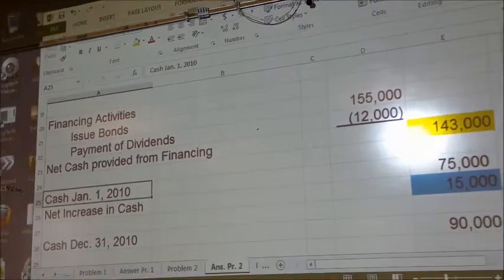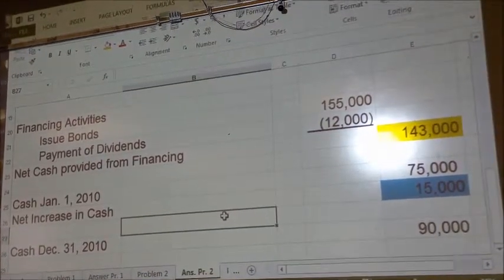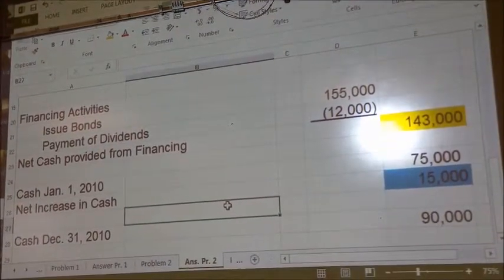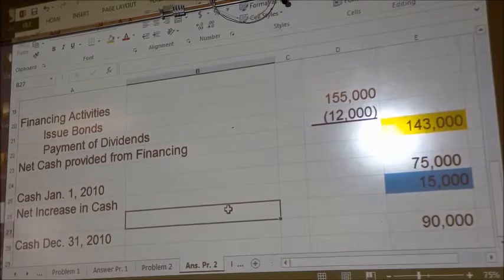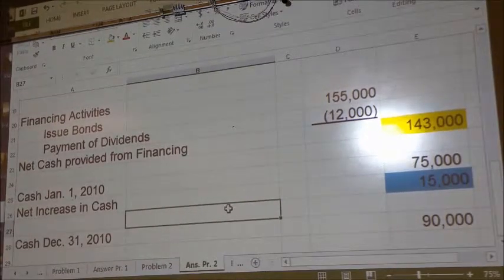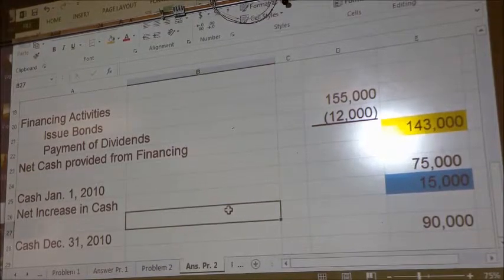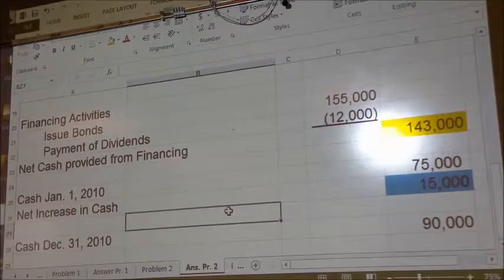When I add those two up, I get 90,000, and that better equal what my 2010 cash is, and it does. So it checks.